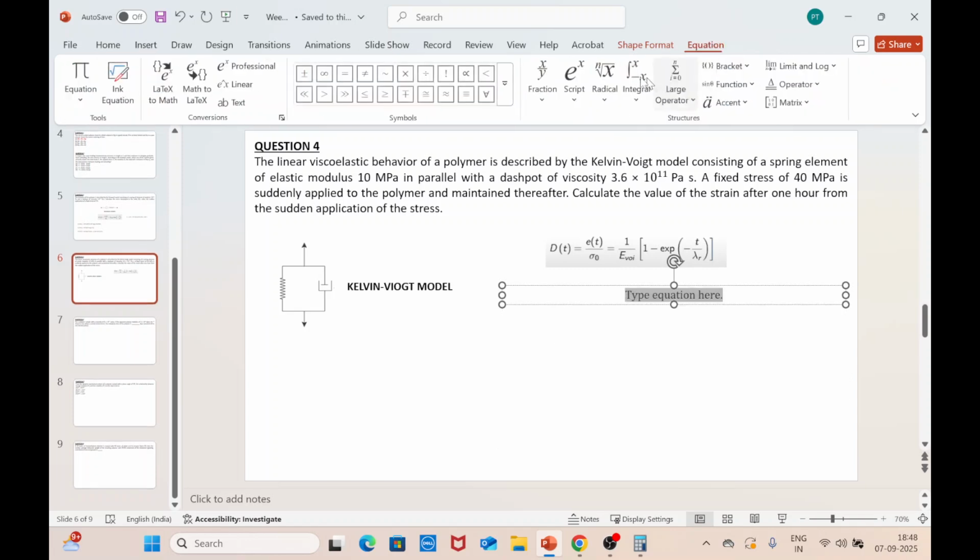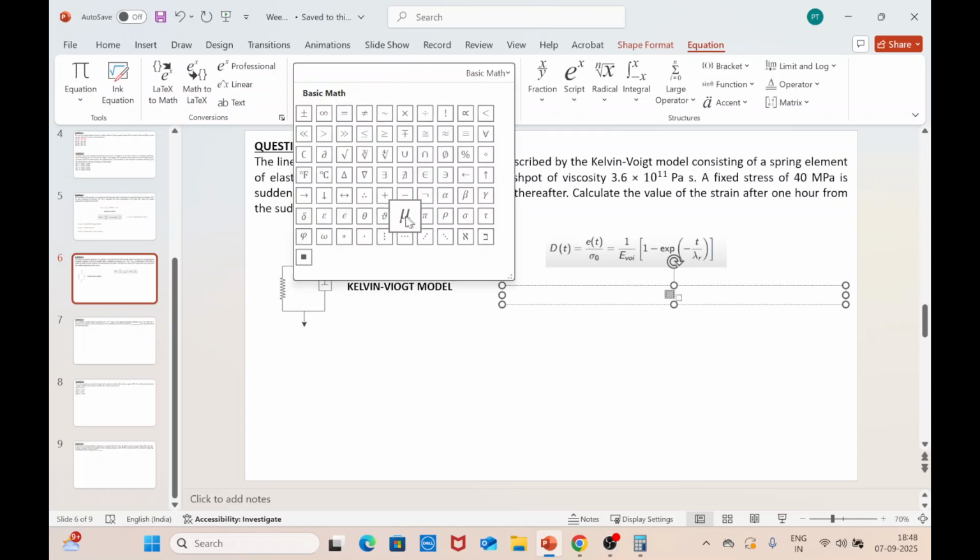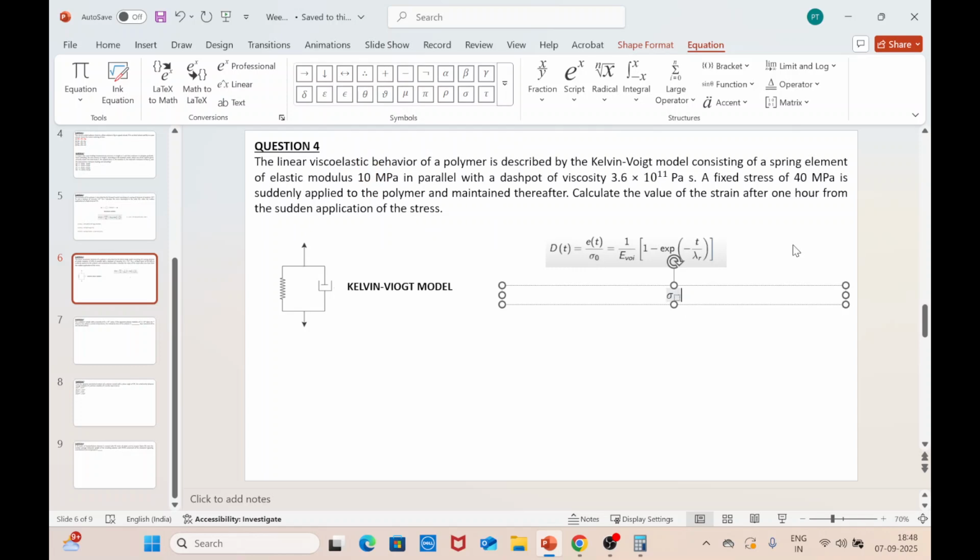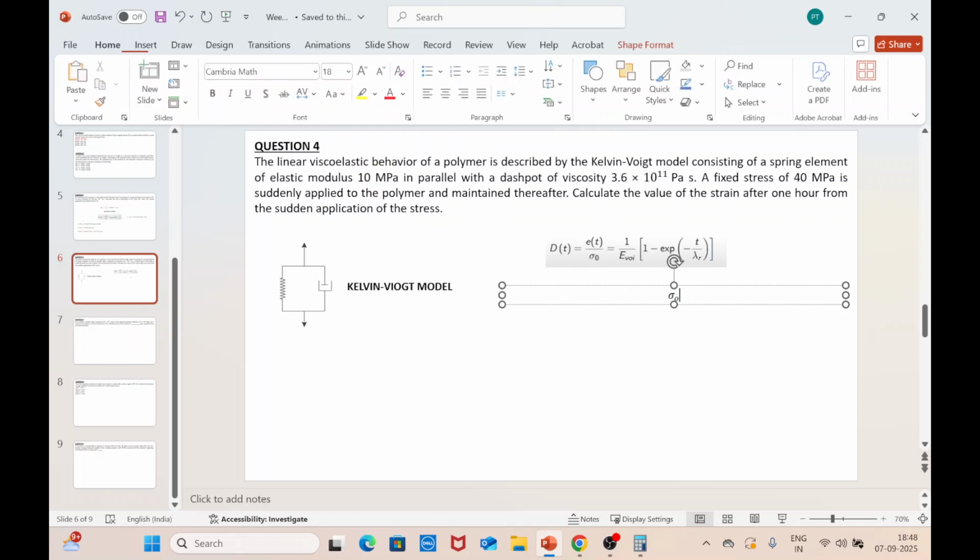So let me just write the parameters, whatever is given. Sigma naught, that is your fixed stress, is 40 megapascal.